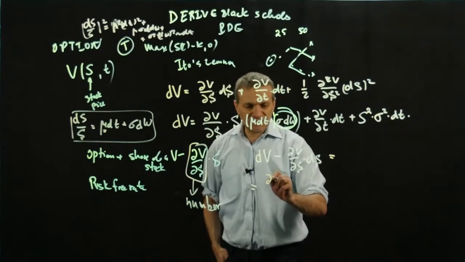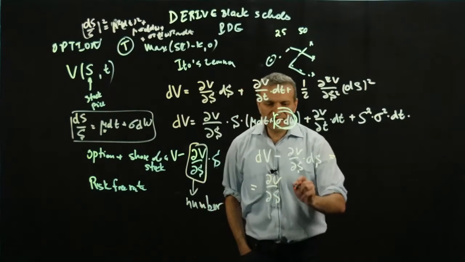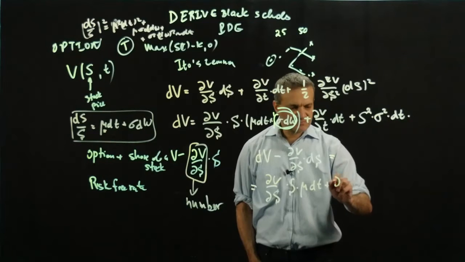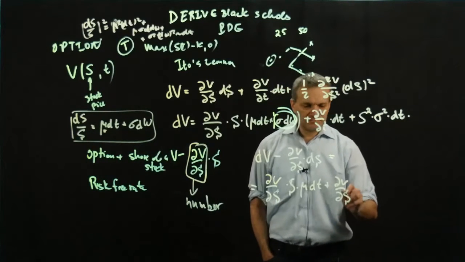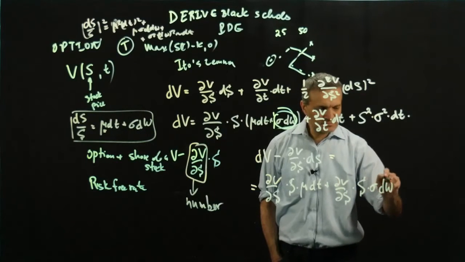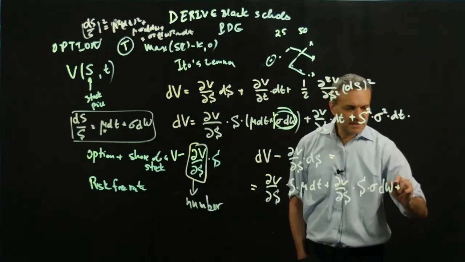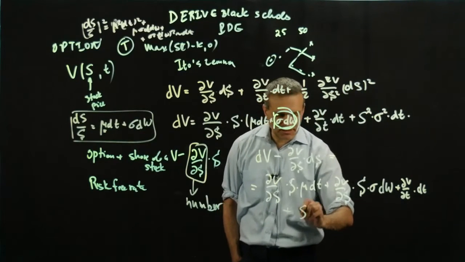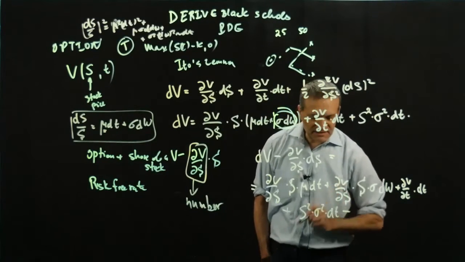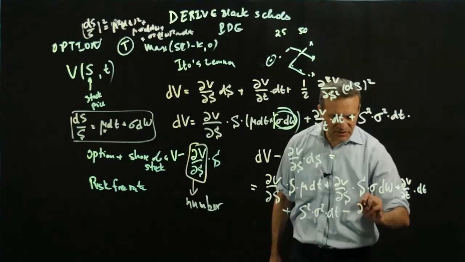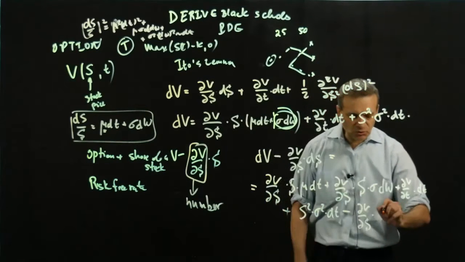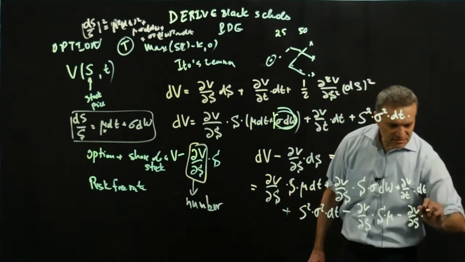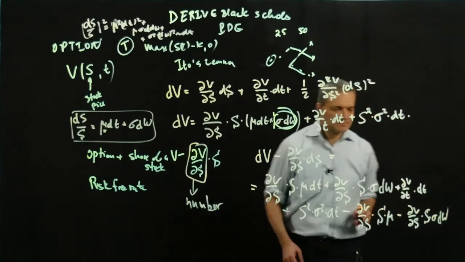So you are going to get that this is dV/dS times S mu dt, plus dV/dS times S sigma dW, plus dV/dt times dt, plus S squared times sigma squared times dt, and minus dV/dS times mu S dt minus dV/dS times S sigma dW.